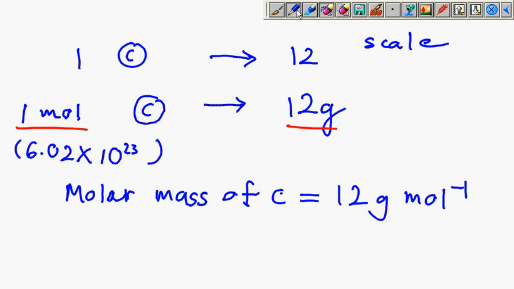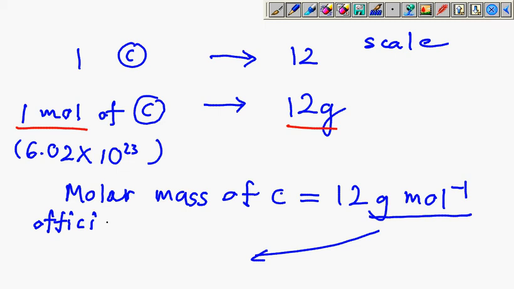Alright, it's 12 gram per mole. 1 mole of this, you have 12 gram. So the official unit will be gram per mole. You can write g mol negative 1, mol^-1. Alright, so as we move along, then we can do a few calculations.